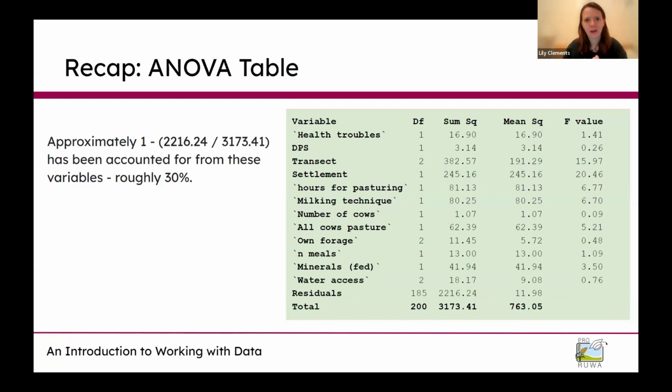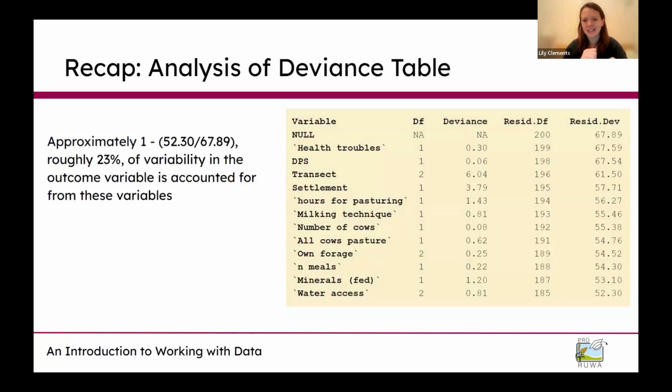As a recap on our ANOVA table, we saw that roughly 30% of variability has been accounted for by our variables with this measure of variability, and with our analysis of deviance measure of variability, we saw that roughly 23% of variability in the outcome variable has been accounted for by these variables.